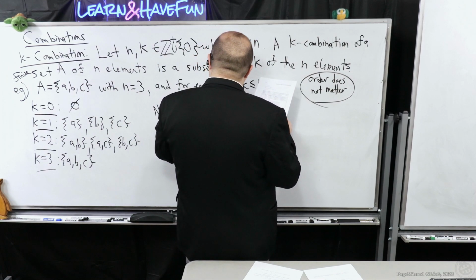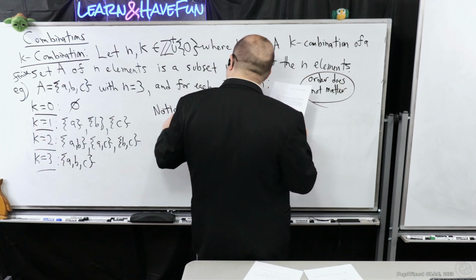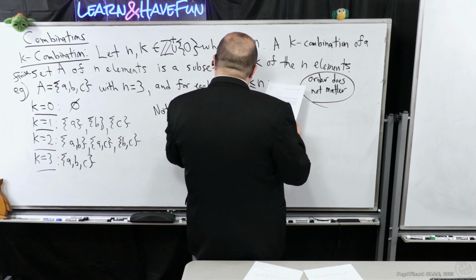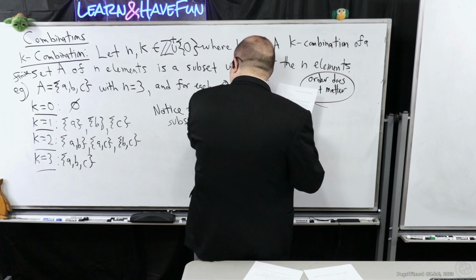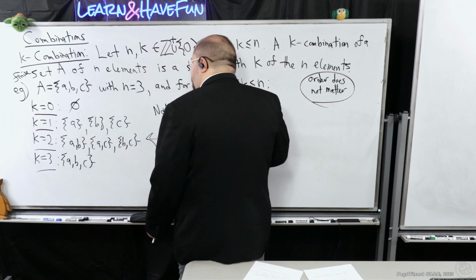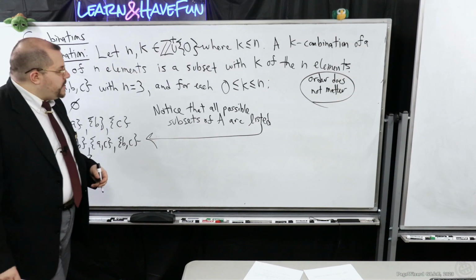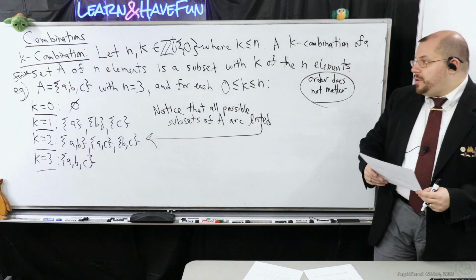Notice that all possible subsets of A are listed over here. All the possible ways I can grab those elements and throw them in some bucket, including when I don't pick any, or if I take all of them, they're all in here.